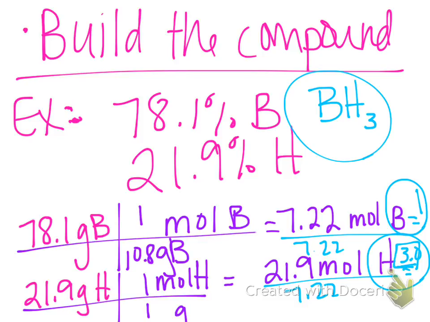Boron hydride. Hydroxide is OH. Remember, hydroxide is OH, so it's got to be that polyatomic ion. And hydroxide will be ionic compounds. So this is boron trihydride. Okay, let's try another one.